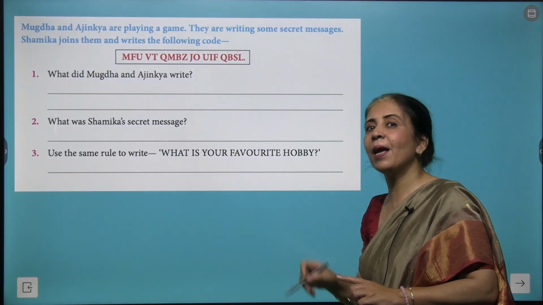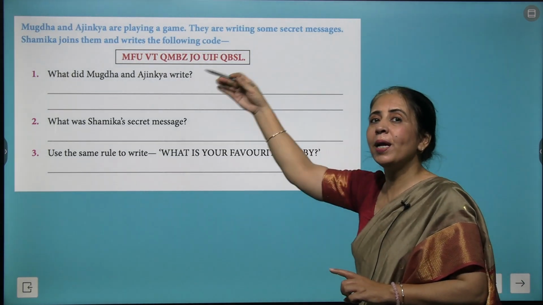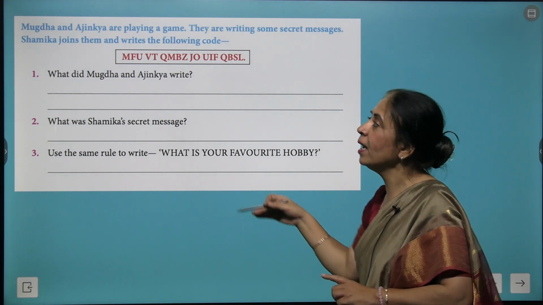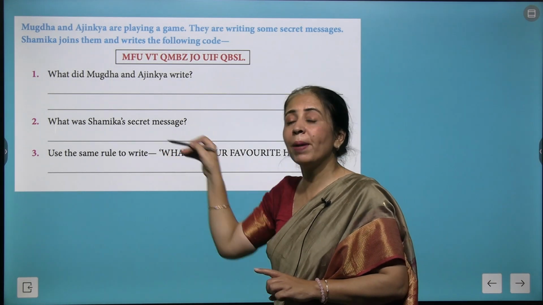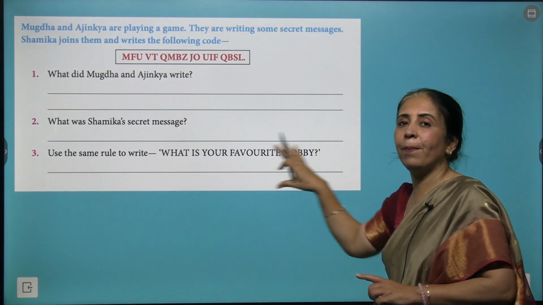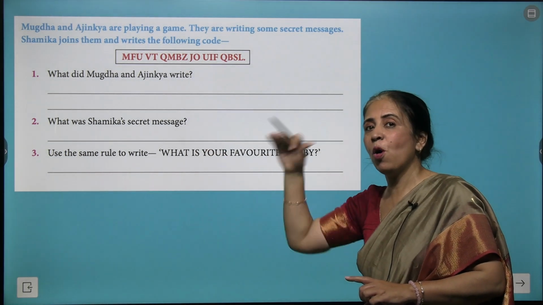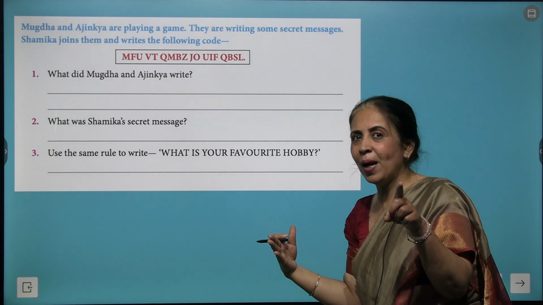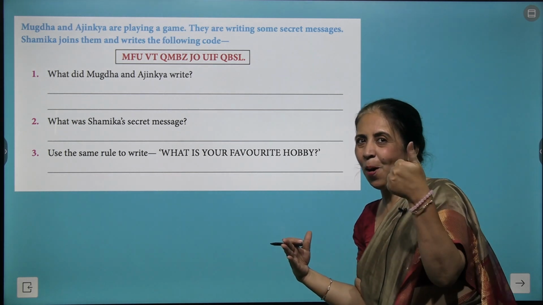So your time begins now. You are going to decode the message which they have written and then you are going to help Shamika write her message in a coded form of the same pattern which both of them have followed. Are you ready to help her? Good going. All the best.